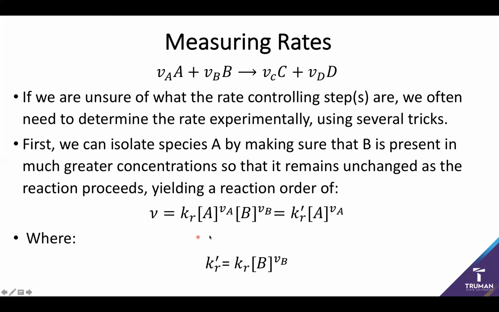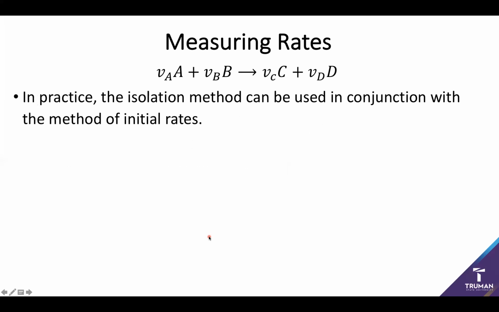However, how we try and do this can also be a little bit tricky. So in practice, another method you can do is what's called the method of initial rates. So we can combine this with the isolation method. So I start with a complicated reaction.